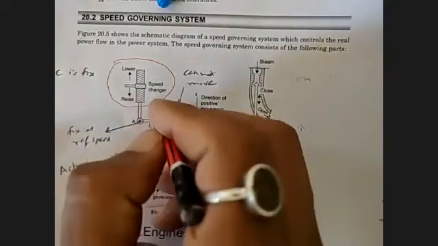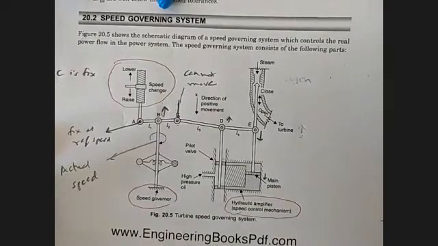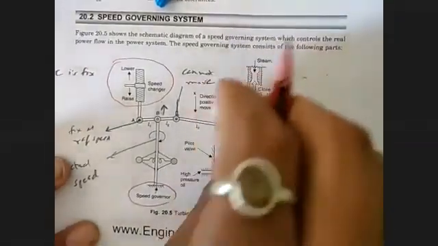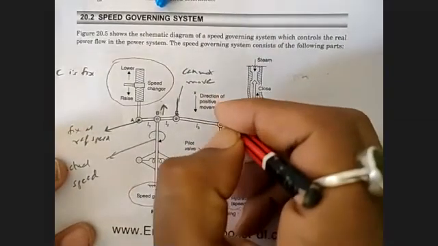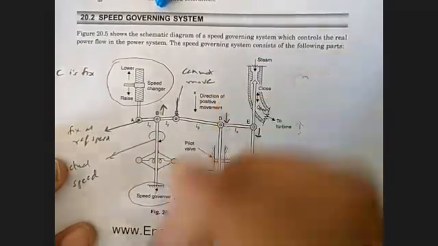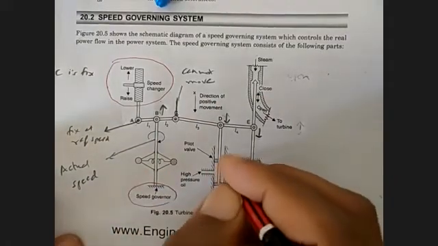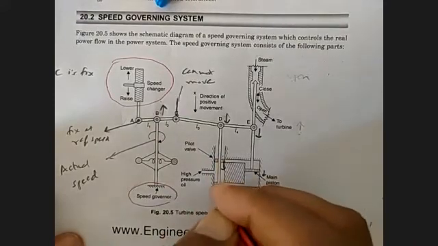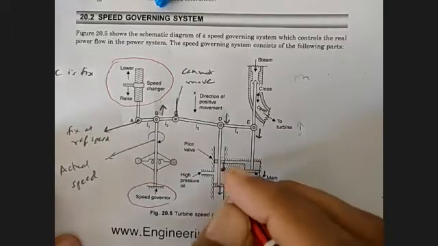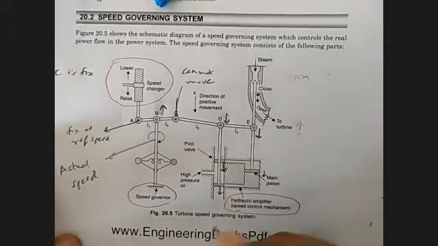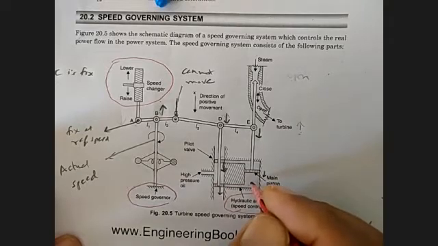Now if it is detected that the load has been reduced, that means frequency has increased, and due to this B point will be moving upward, and due to this movement of B point upward, this D point will be moving downward. Due to this movement of D in the downward direction, these 2 points will move downwards. And due to this movement in the downward direction, oil will be flowing from the downside towards the main piston.